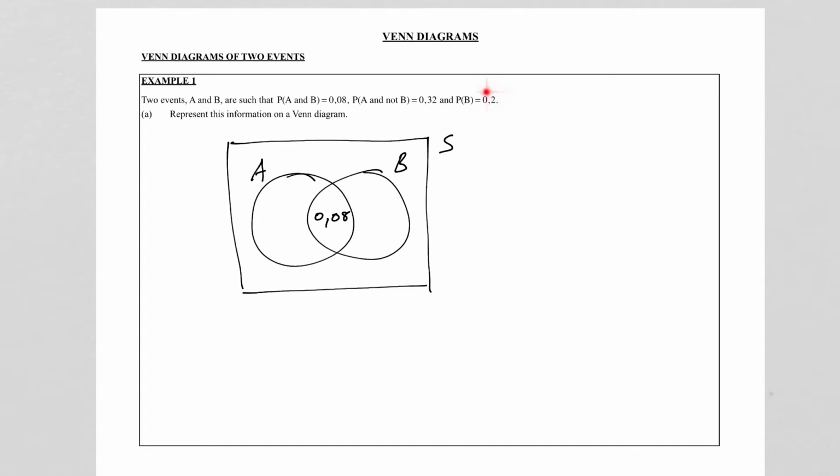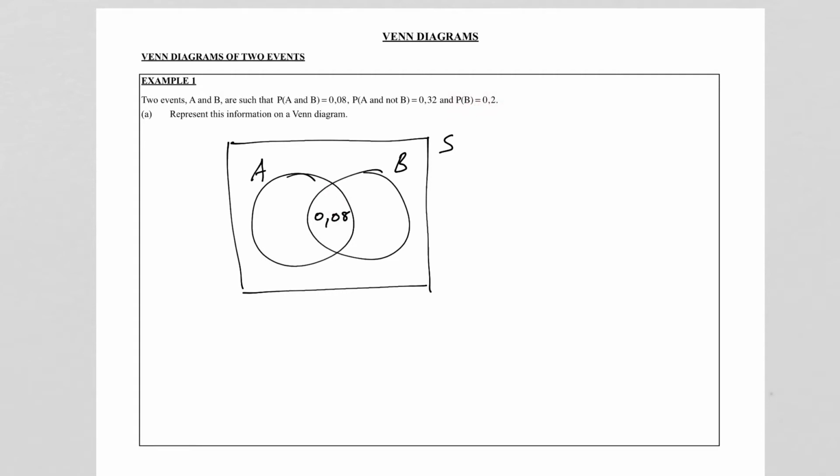But that one is quite clear. This is the probability of B. Now, when we talk about the probability of B, we refer to the whole thing. But as you can see, 0.08 is there already. So we can't put 0.2 here because then the probability of B will be 0.28. And it's clear that probability of B must be 0.2.